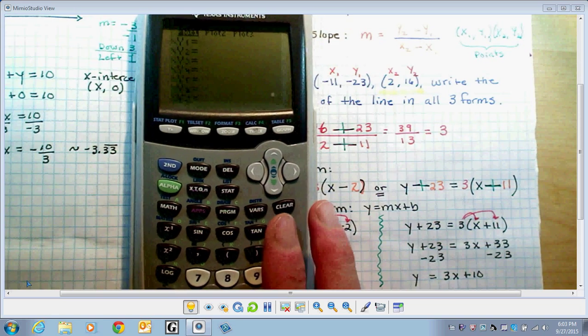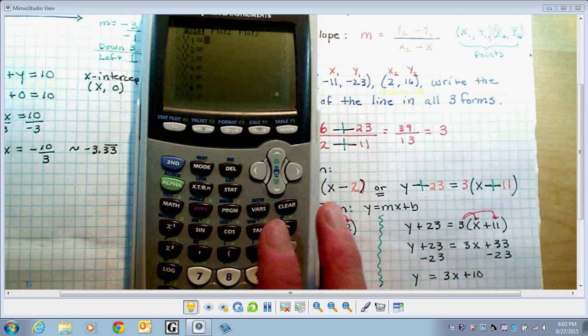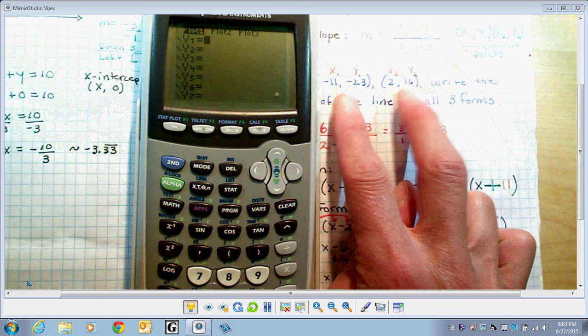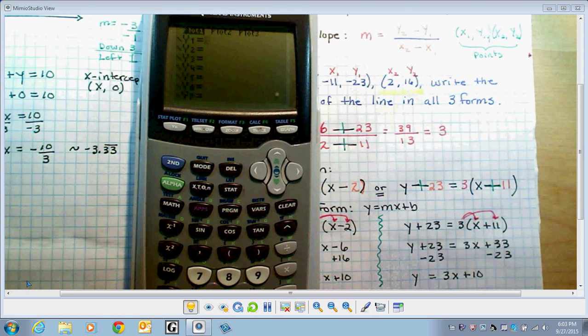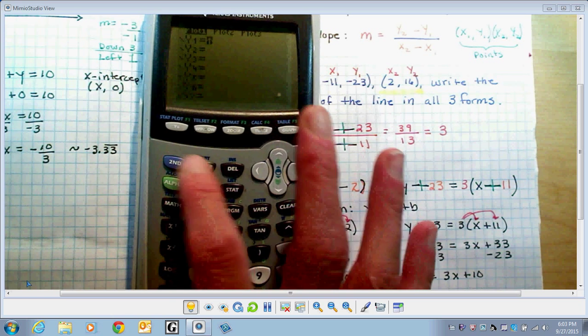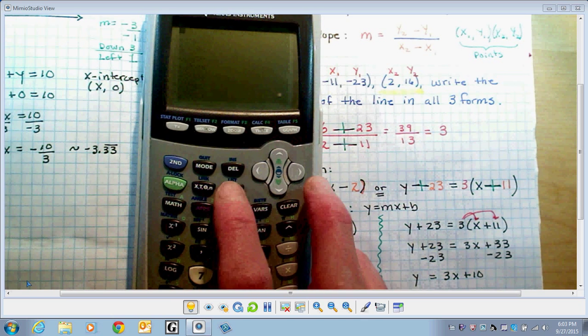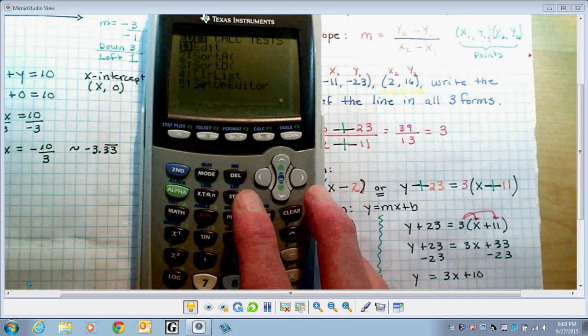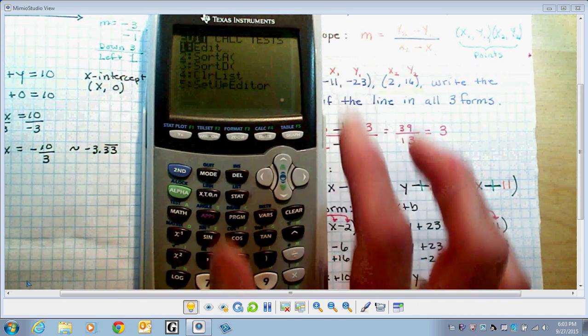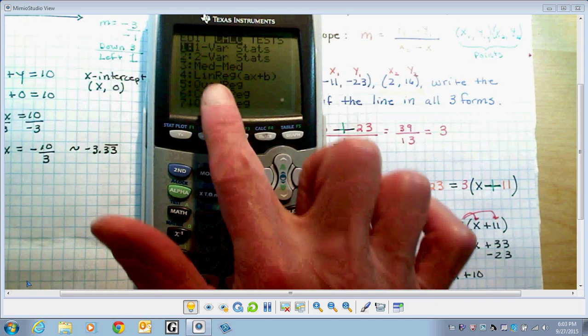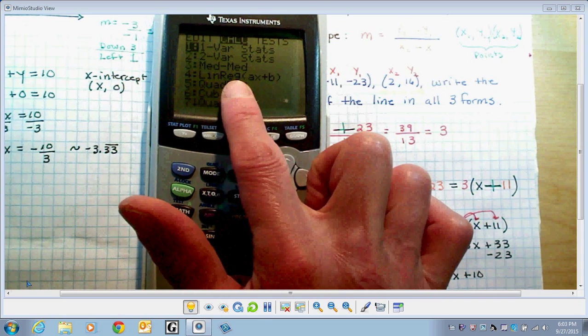So what do I want to do? I want to make a line go through these 2 points. That's called a regression. So I'm going to get out of this screen with second quit, and go back to Stat, and ask the calculator to calculate a linear regression.